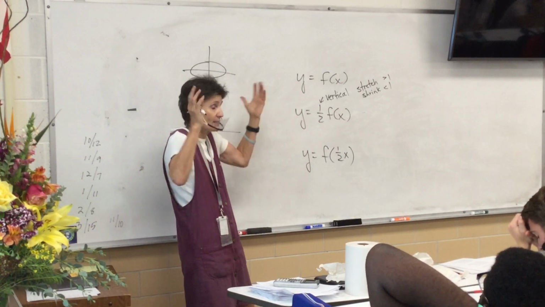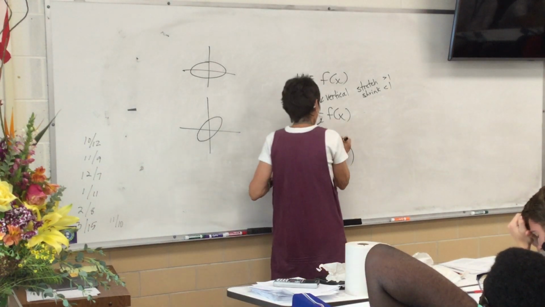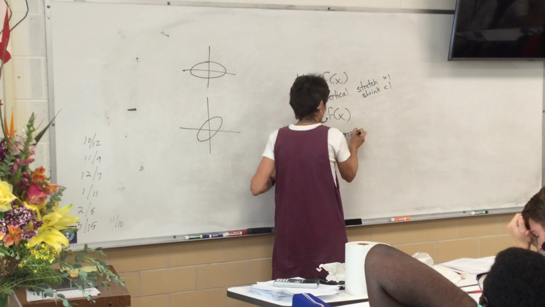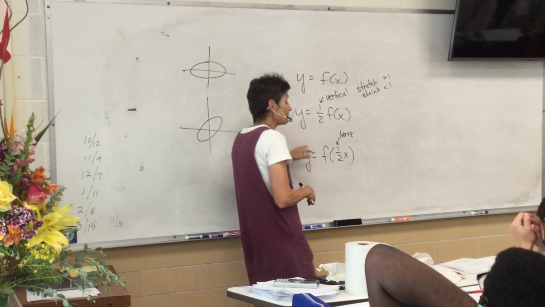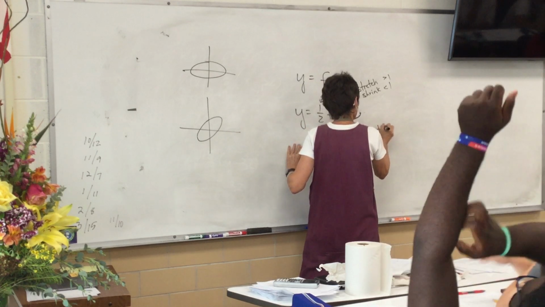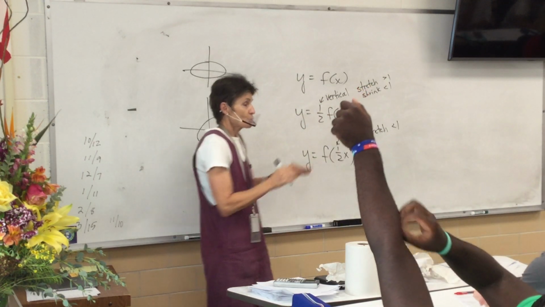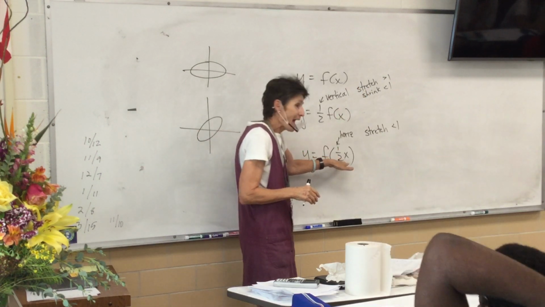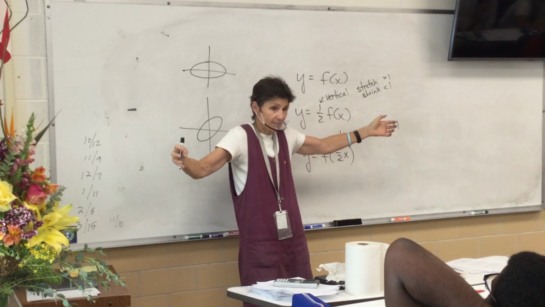Now, I'm using 1/2, but the coefficient could be 2 or 5 or 7, anything. If the coefficient is on the x, that's a horizontal stretch or shrink. If the number is less than 1, it's a stretch. So believe it or not, that picture is going to be twice as long as the original.